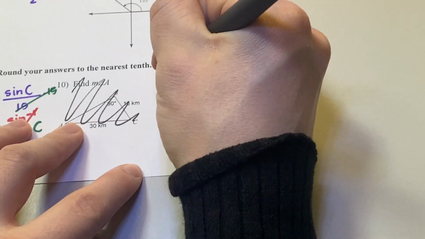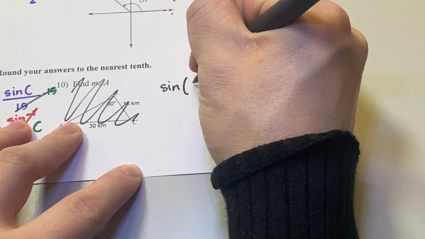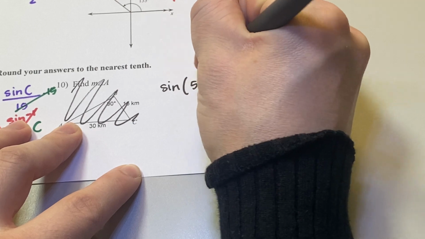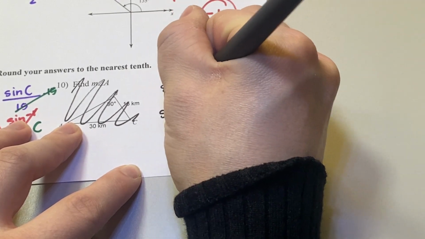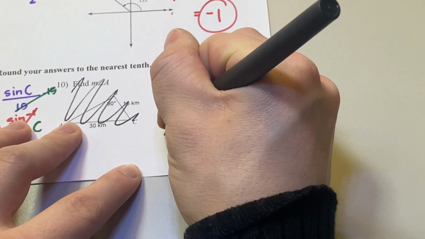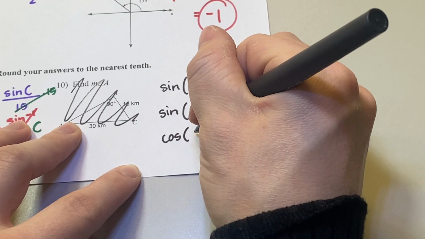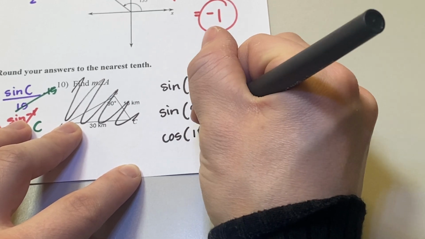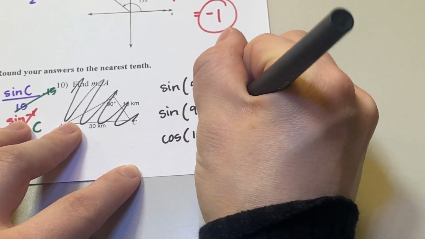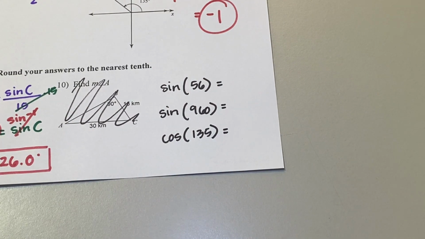So let's say it wants to give us: find the sine of 56, find the sine of 960, and I'll switch it up, find the cosine of 135.